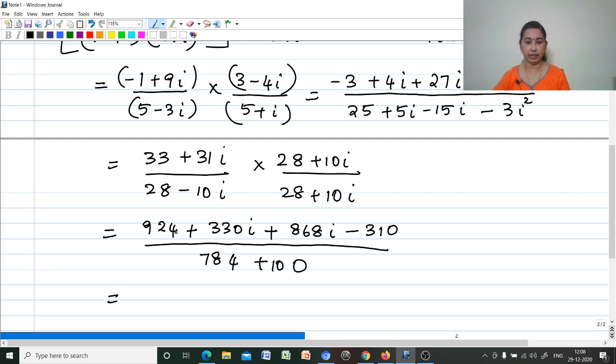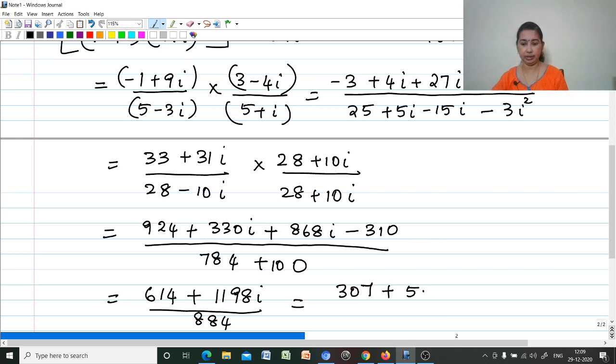Now the numerator, 924 minus 310, which is 614, plus 1198i, divided by 884. 2 is common in the numerator and denominator, that can be cancelled, and the remaining answer we will get is (307 plus 599i) divided by 442. So now it is in the complex number form.